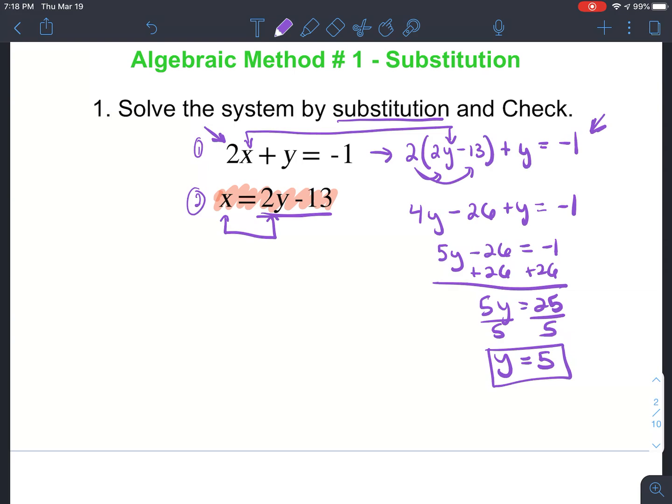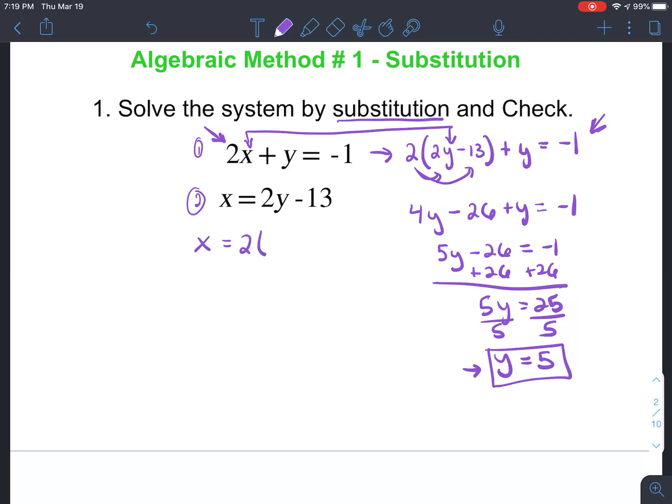Now remember, a solution has to make an equation true. So in order to make any of these equations true, we need a value for both x and y. So we're going to do a second substitution. We're going to take this value of y and substitute it into one of the equations. Technically, it does not matter which one we use, to find the value of x. Now, I'm going to choose the second equation because it's already solved for x.